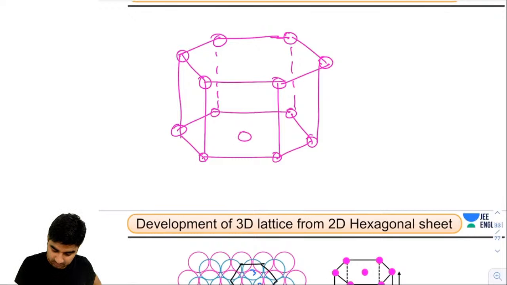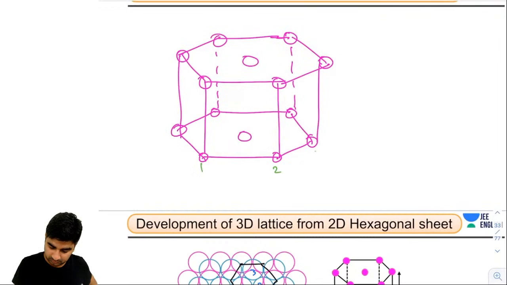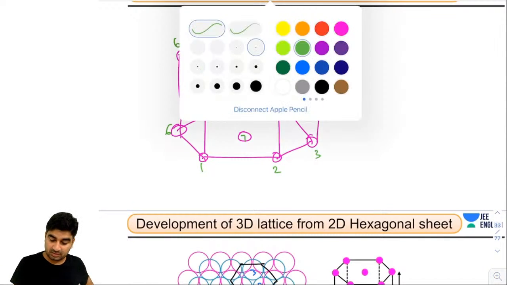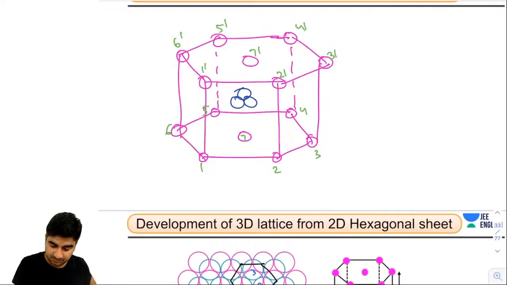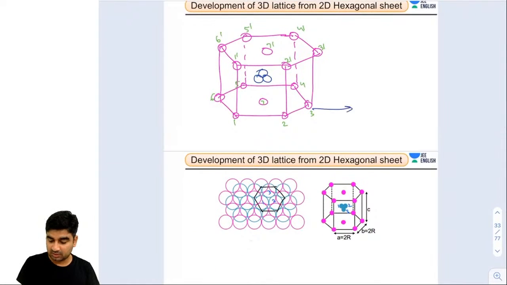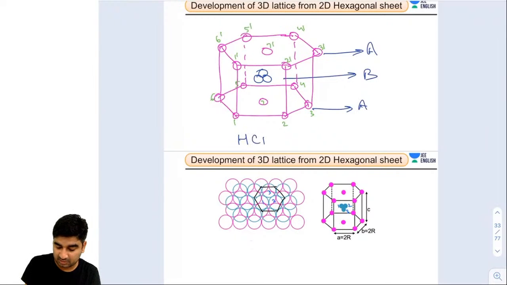And where are the 3 atoms? Those are at the center. Note it down, guys. This is the diagram. So this layer is called A, this layer is called B, and this is called A. So AB type layering, and unit cell formed is called hexagonal close packing.